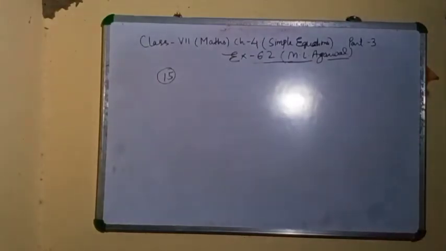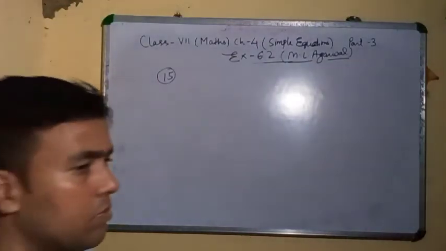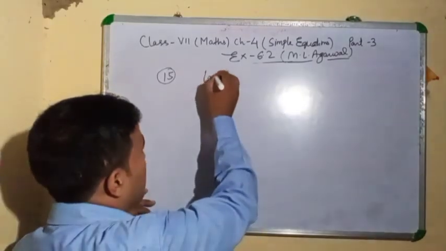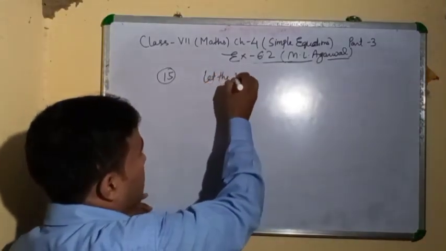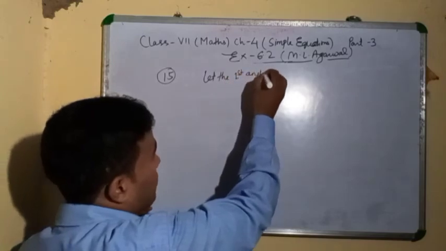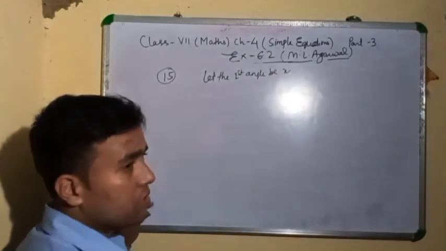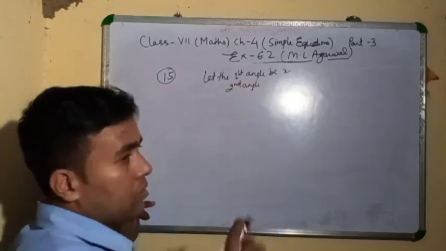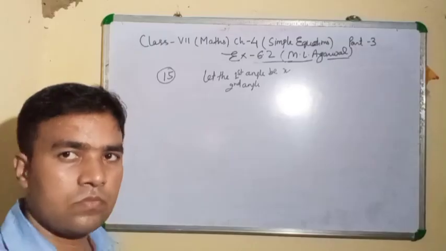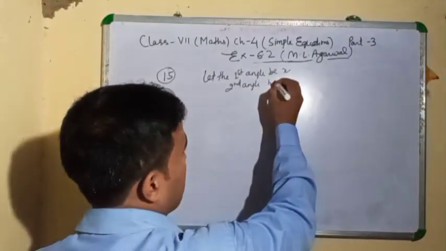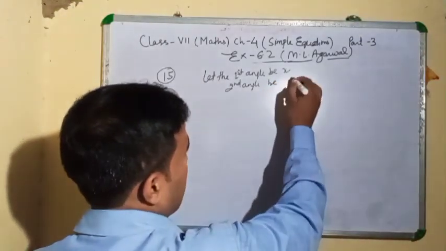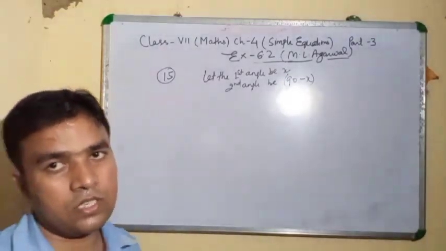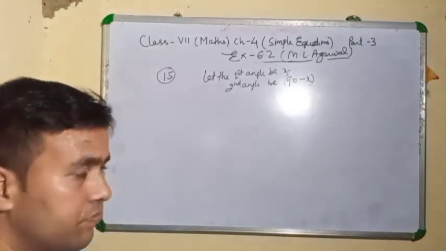Two complementary angles differ by 20. Find the measure of each angle. Clear? Let the first angle be x, second angle be 90 minus x. Clear? Second is 90 minus x. Clear?